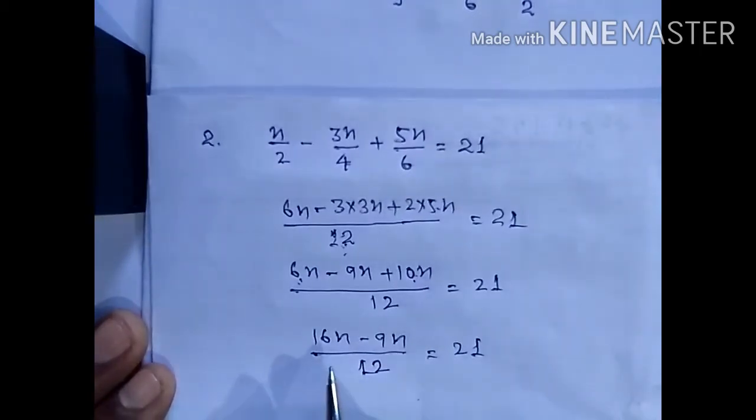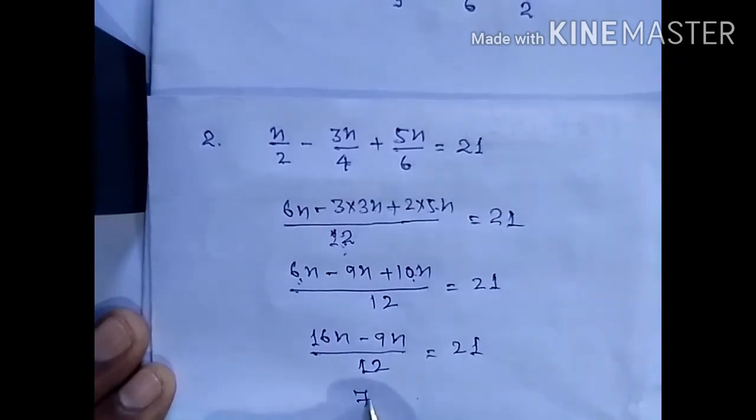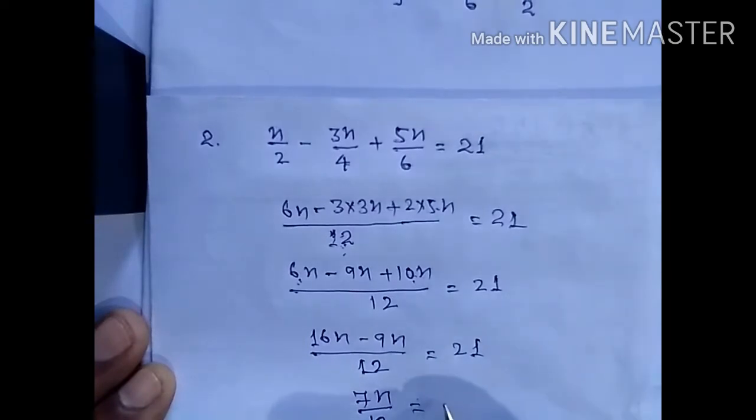After subtracting 9n from 16n, we get 7n. So 7n by 12 is equal to 21.